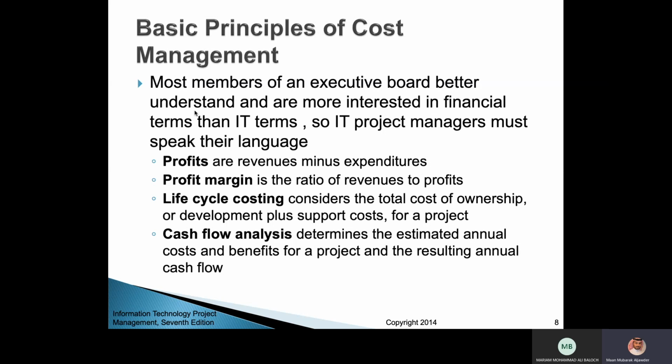So let's say the revenue is 1,000 dinars, just an example, and your expenditure is 900 dinars, so your profit will be 1000 minus 900. This will be 100. So the profit is 100 dinars.